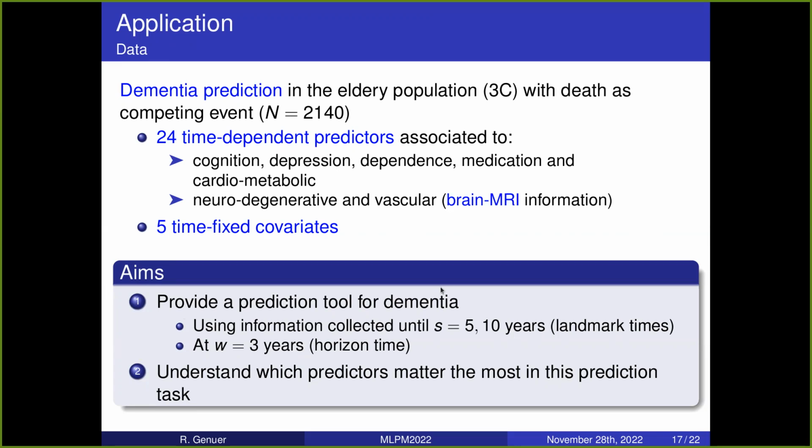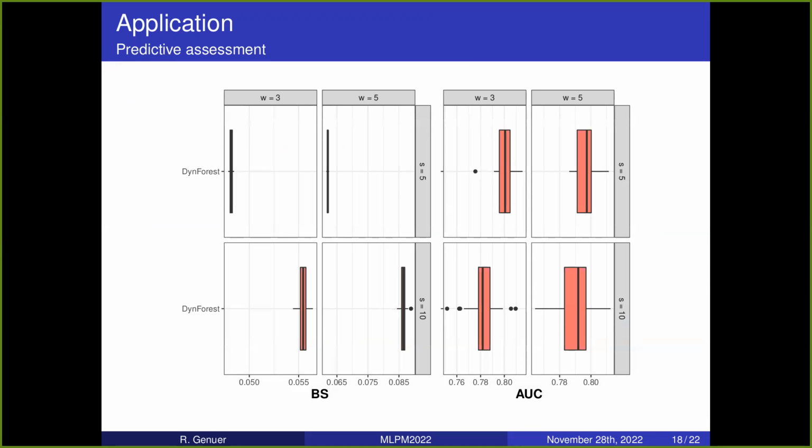The objective here was to provide a tool to predict dementia. We fixed 2 landmark times, so S equals 5 and 10, at a horizon time of 3. And we also want to understand which predictors are the most important in this task. So here are the results, but here we did not compare the performance, but just to show you that in this case, the AUC is quite reasonable.